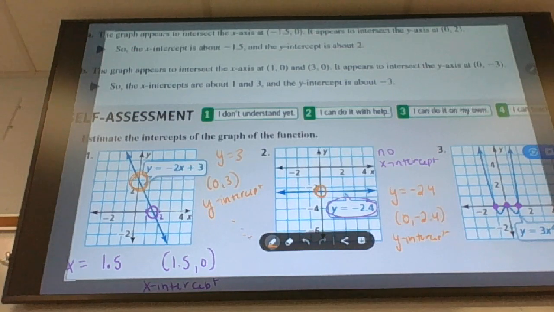Okay, I have drawn in the points here on number 3 for you. There's 3 important points there. You're gonna list everything.